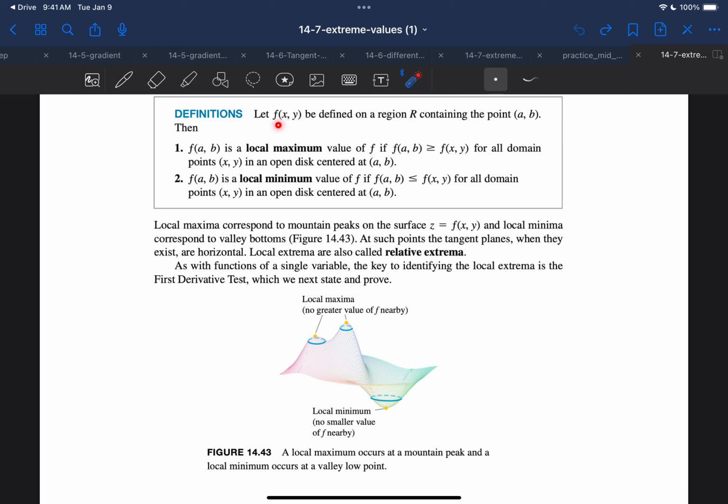Given a function f of x, y, a function of two variables, then it gives a surface in 3D space.